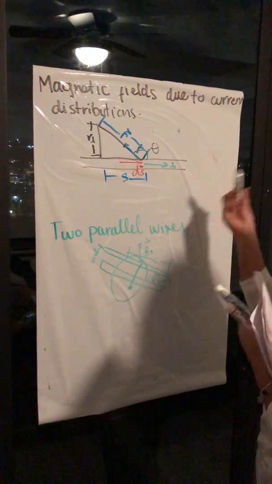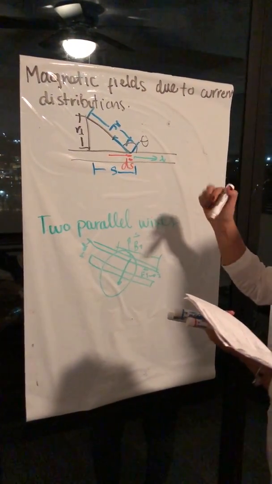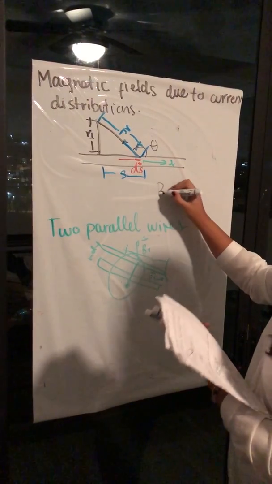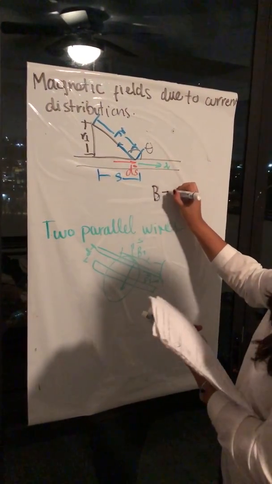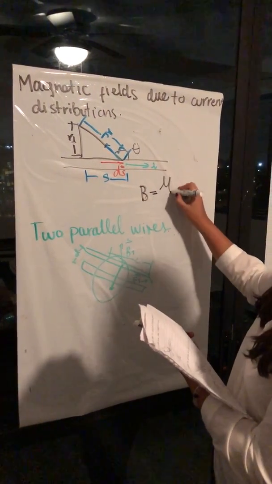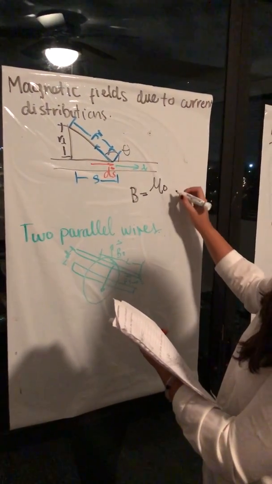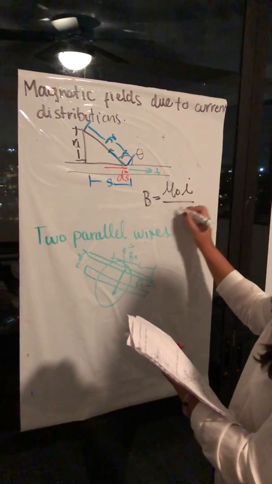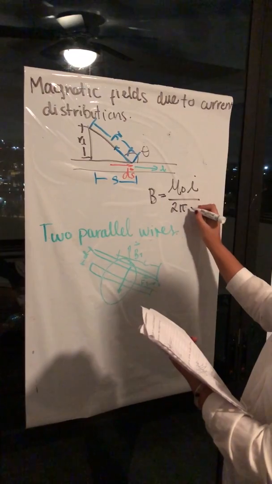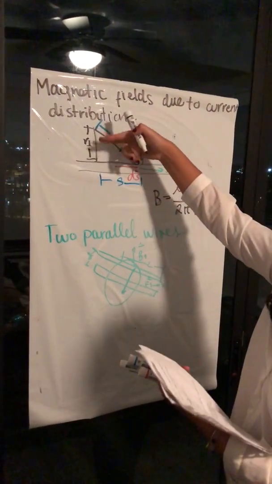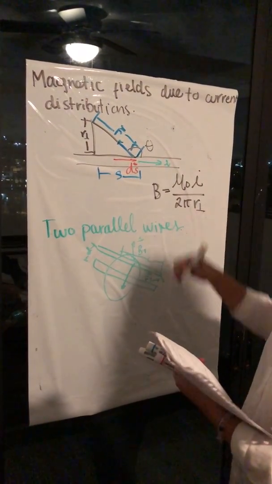So the equation that we can obtain from this diagram is that the magnetic field is equal to the magnetic permeability times the current over 2 times pi times the perpendicular distance of what we want to measure.